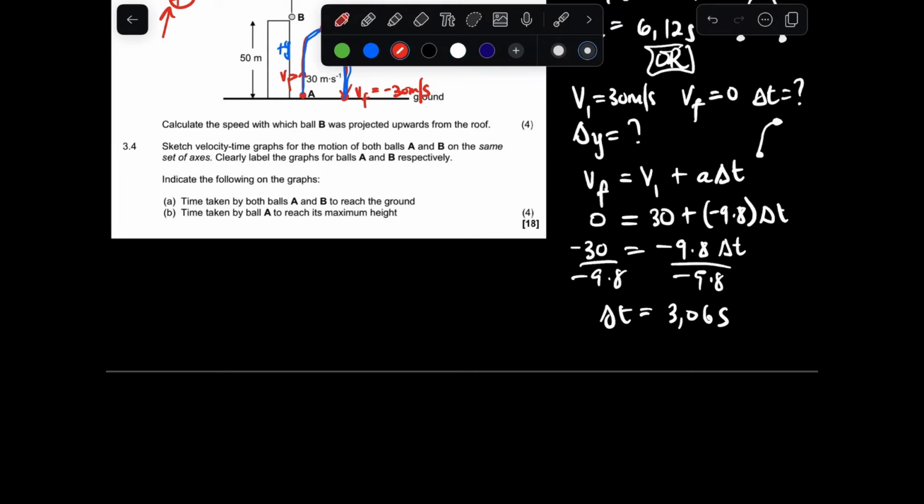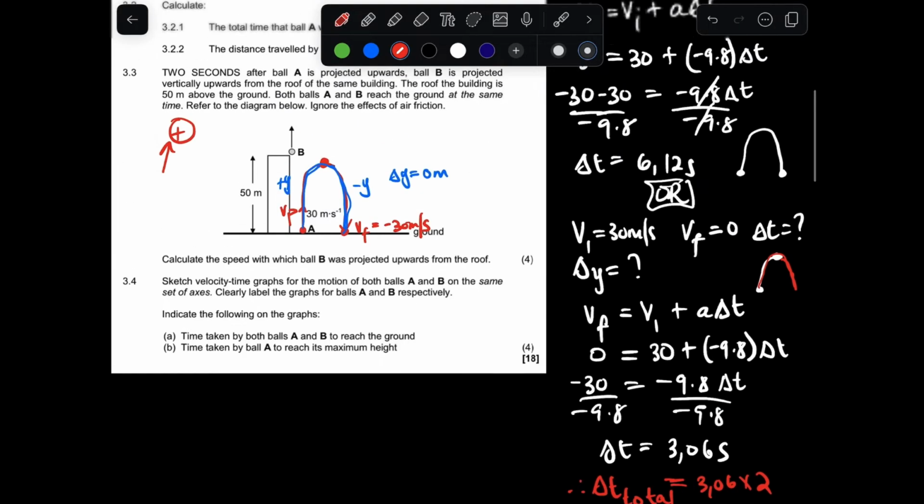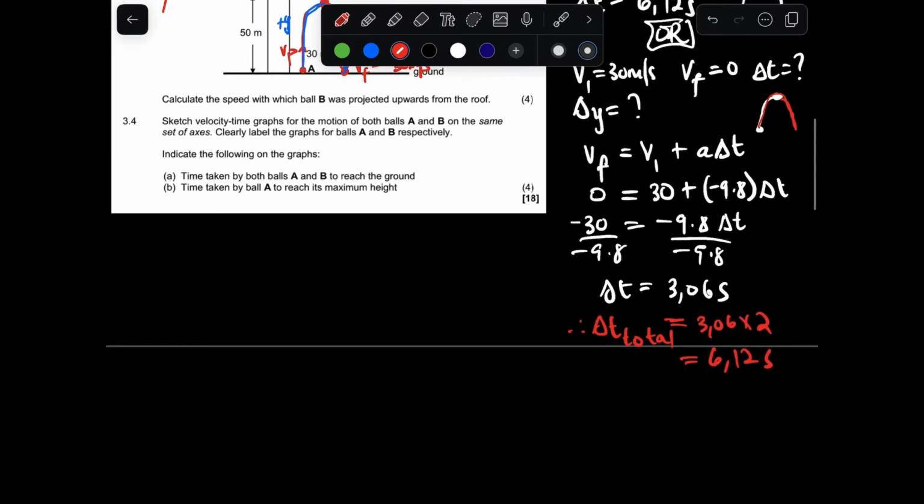Remember, we want the whole time of the journey, so this is the half time. Therefore total time is 3.06 times 2, which is 6.12 seconds, the same answer that we got from the first option.